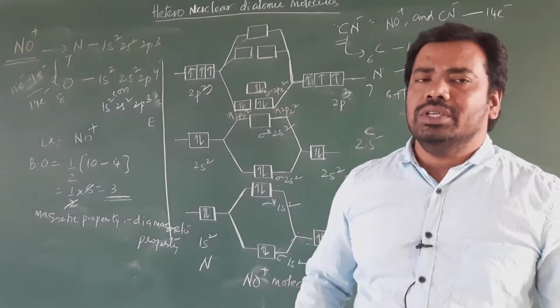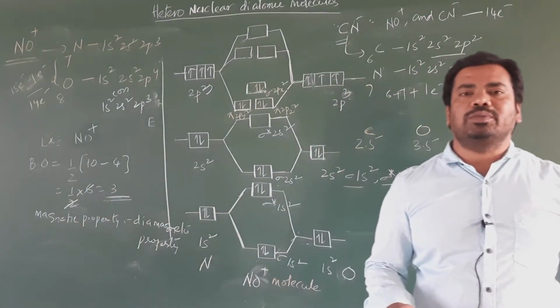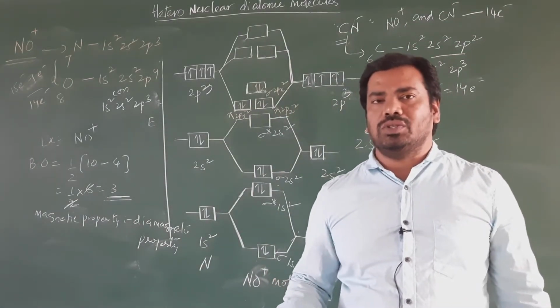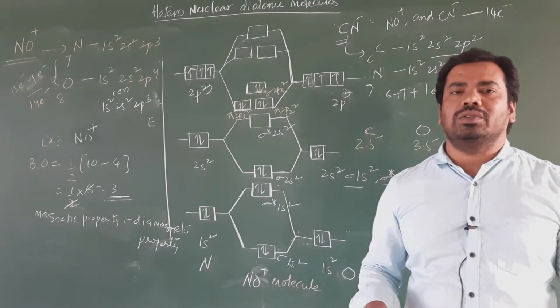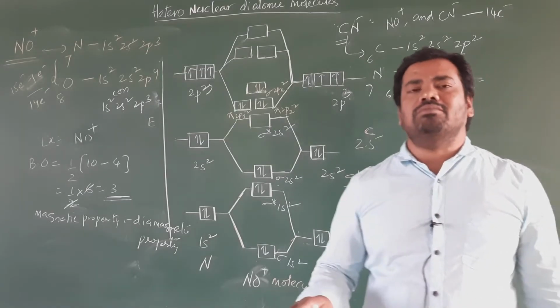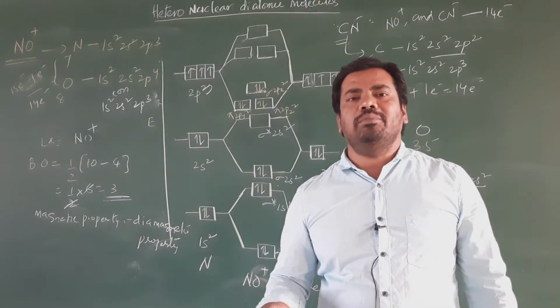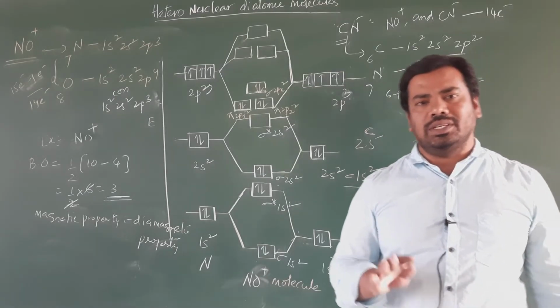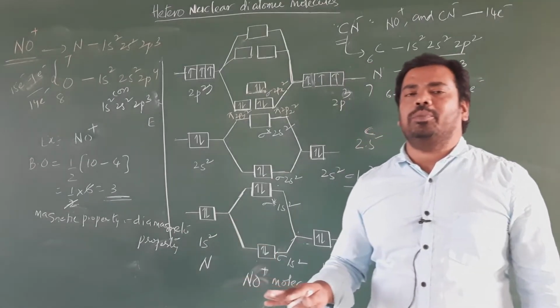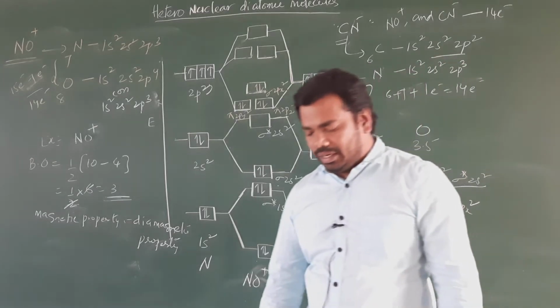So the CO molecule, CN minus molecule and NO plus molecule, these three heterodiatomic molecules possess the same bond order and same magnetic property.